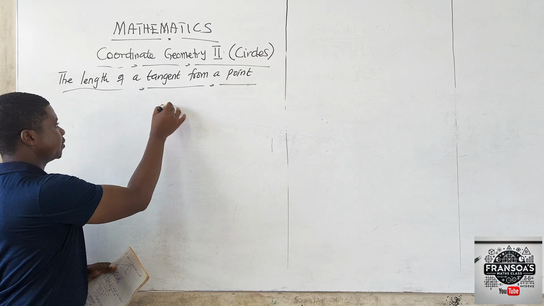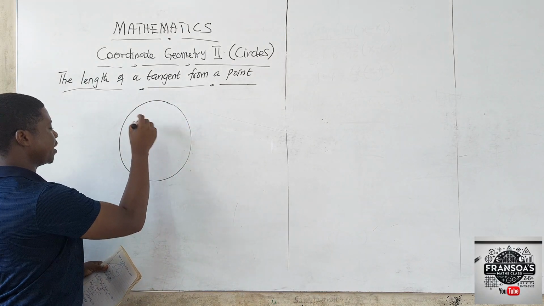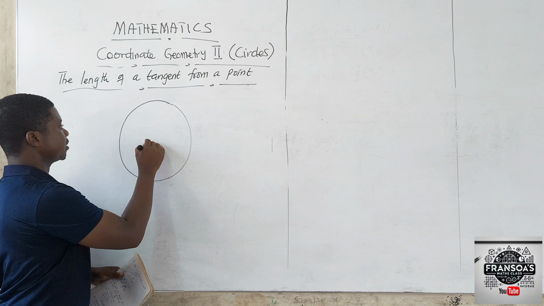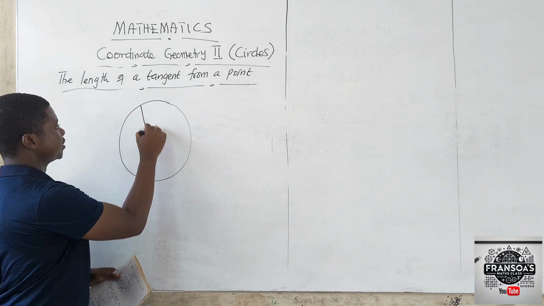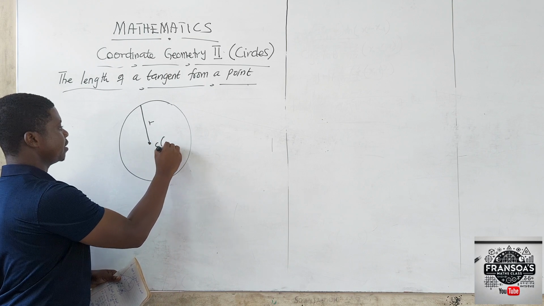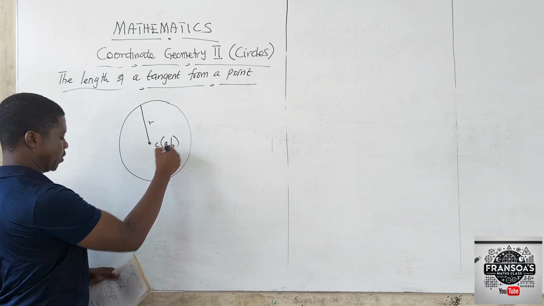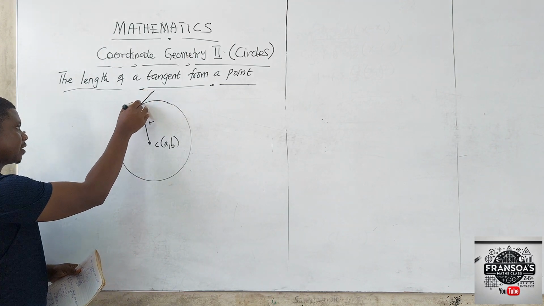When you have a circle, and with this circle we have our radius. So this is our radius, R, and we have our center, C, (a, b). With this, then you have a tangent.